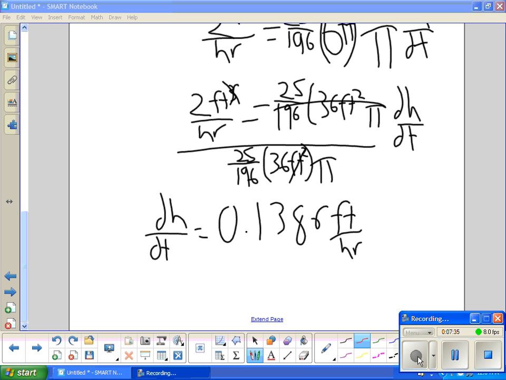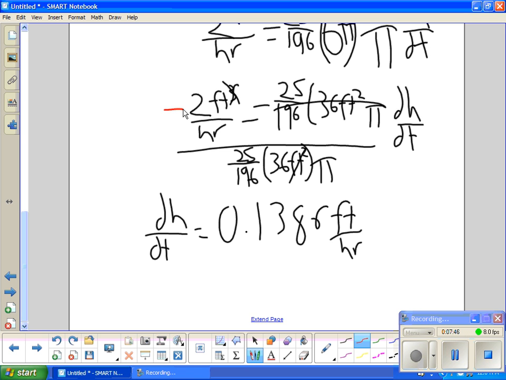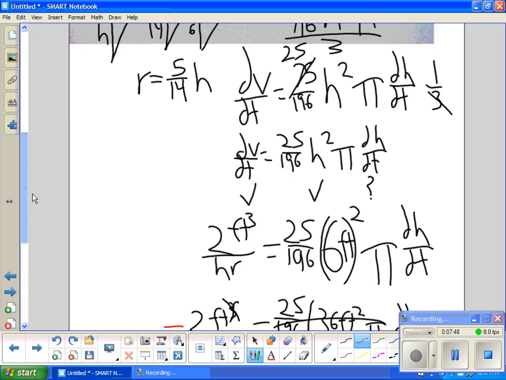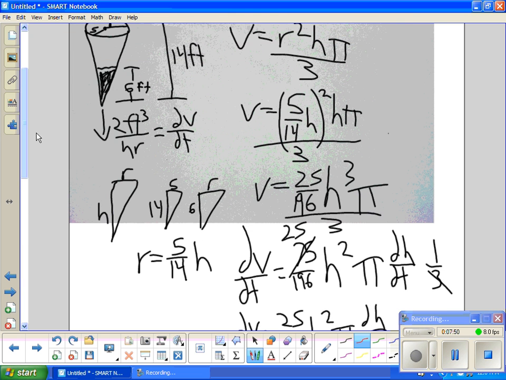And now, for this whole time, I was making you believe that it was positive. However, the 2 feet per hour is actually negative. So you go all the way back up to the top, and because it's decreasing the amount of volume left, it is a negative number.